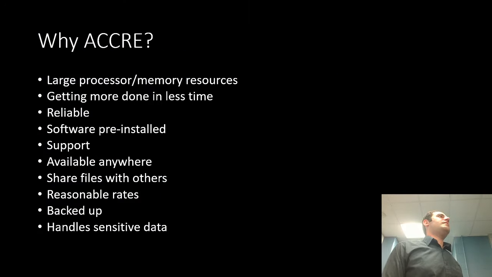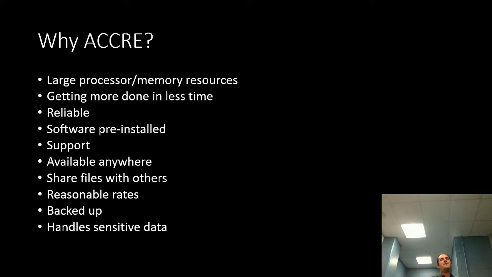So there are a lot of reasons why people use ACCRE, and a lot of people use ACCRE because there are large processors and memory and CPUs, and some people use the graphics processing units on ACCRE to do even more advanced calculations.